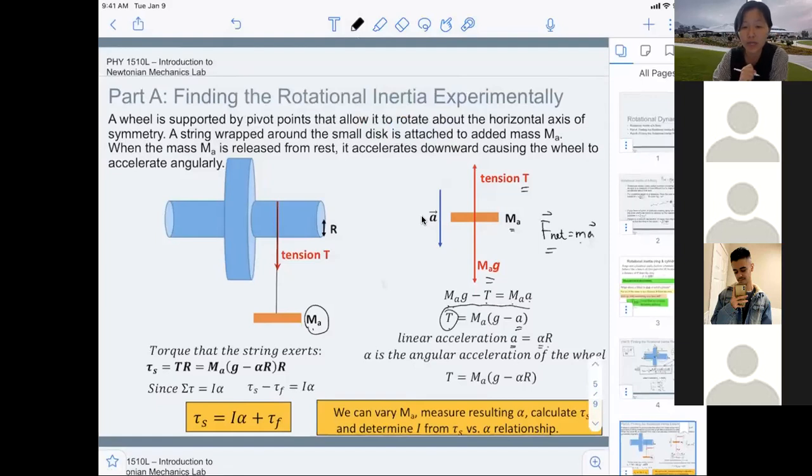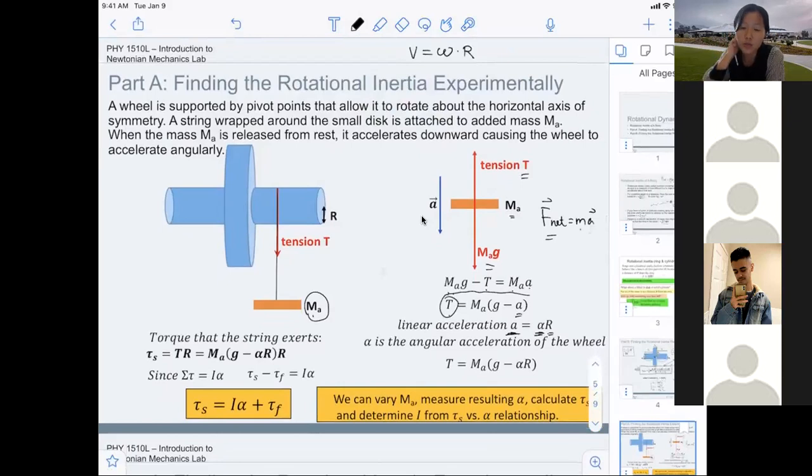You have already seen something very similar in the previous lab: linear velocity is angular velocity times radius r. So linear acceleration is angular acceleration times radius r. So you might wonder, why do you want the angular acceleration?